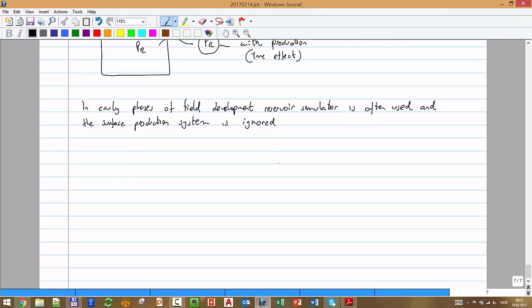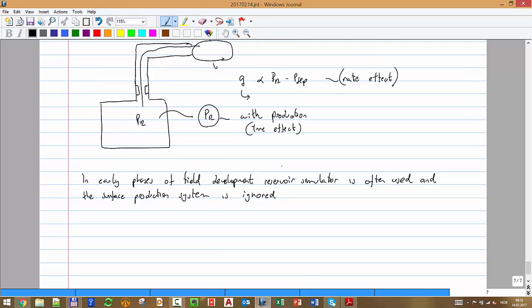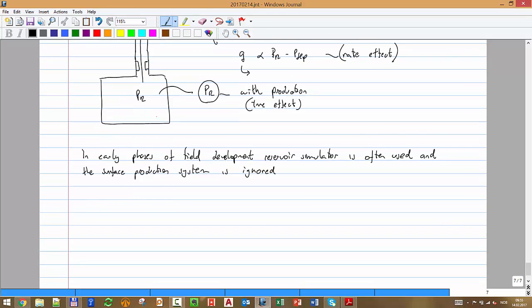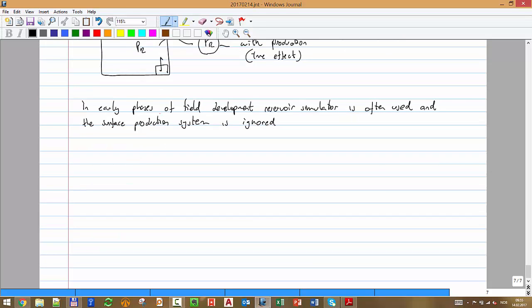And the reservoir simulator has those two components. It has how the pressure is going to change, and then due to Darcy's law, it has a way to calculate how the fluid is going to flow from one cell to the other. So the reservoir simulator has enough equations to compute that behavior.